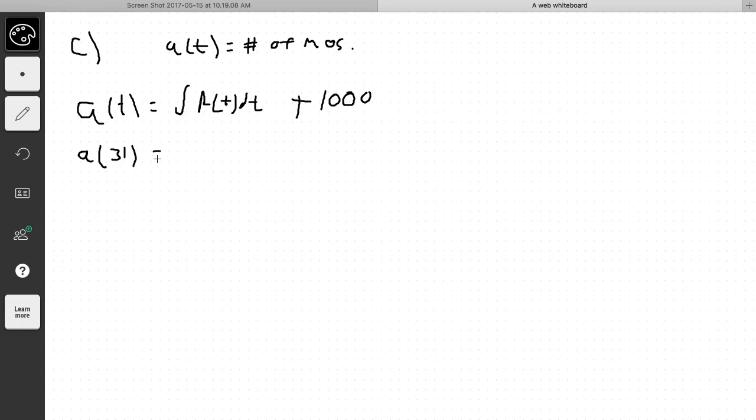So we plug in the integral from 0 to 31 of r of t dt plus 1,000. When we plug that into our calculator, we end up getting 964.335.